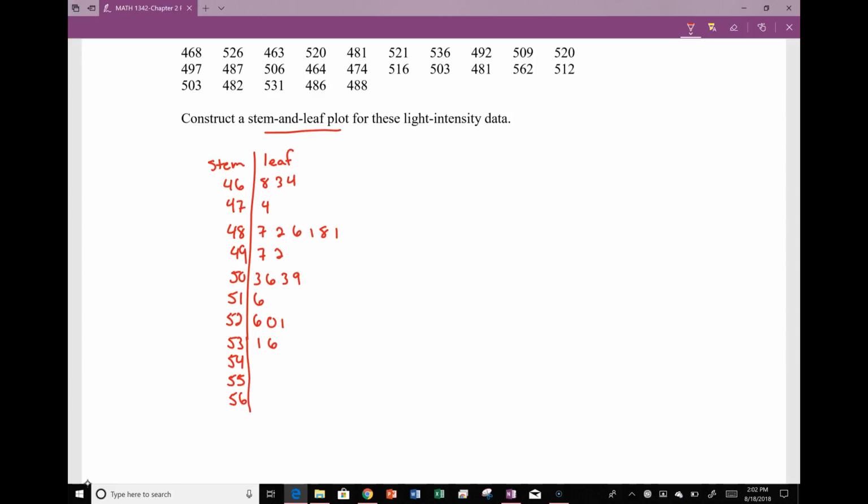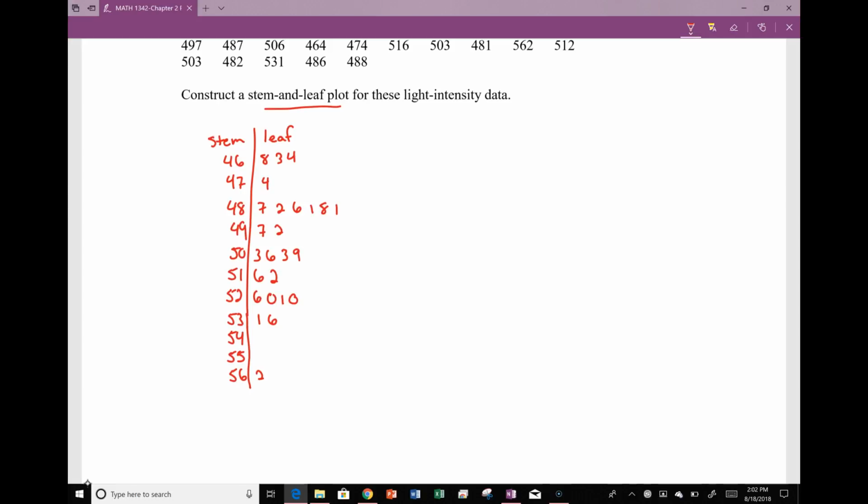Again, I cannot skip these. So I've got 562, 520, and a 512. Again, this right here is just my organization.